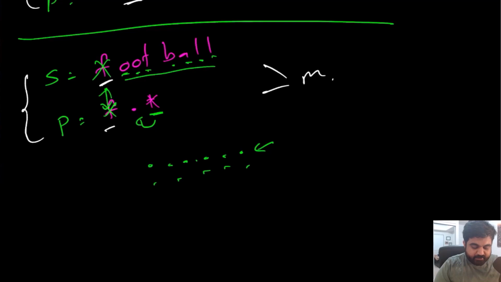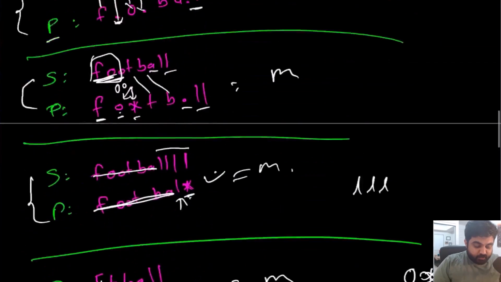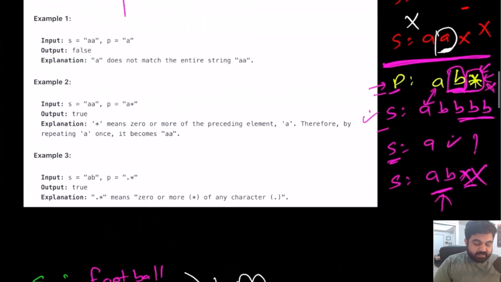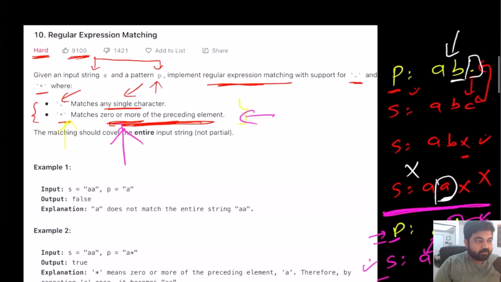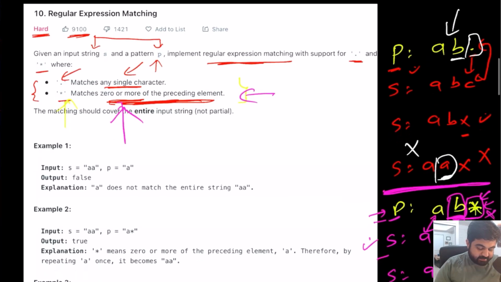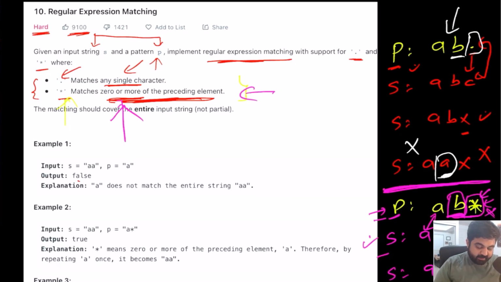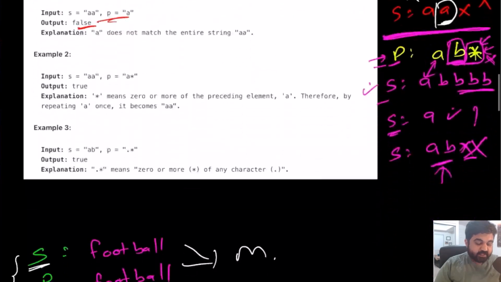And then eventually when we reach the end, we are going to declare this as a match and we will be able to return true. So I hope after so many examples, things make sense and you get the idea of what this problem is asking us to do. Basically, we need to return a Boolean answer, true or false, whether any given two strings match or not.